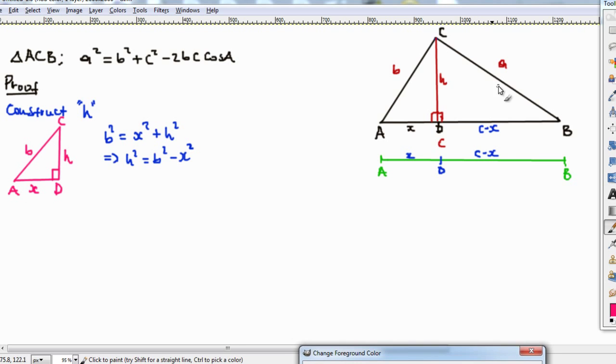Let's do the same for the other right angle triangle, DCB.